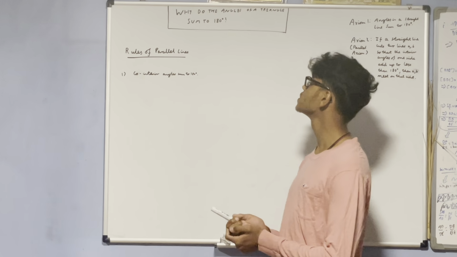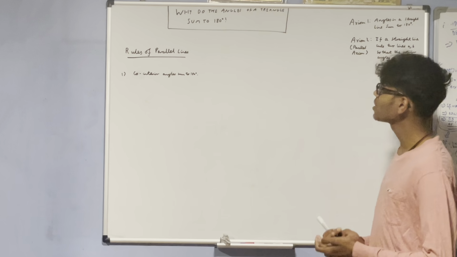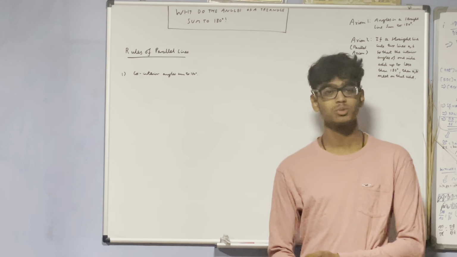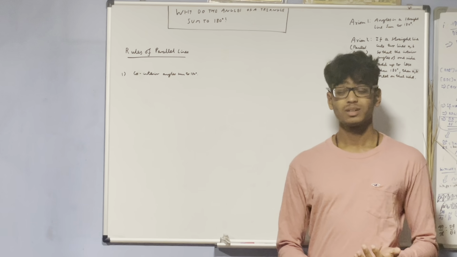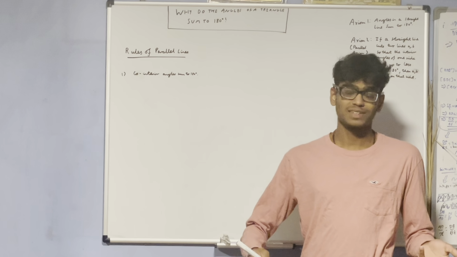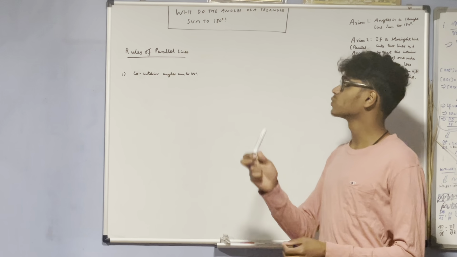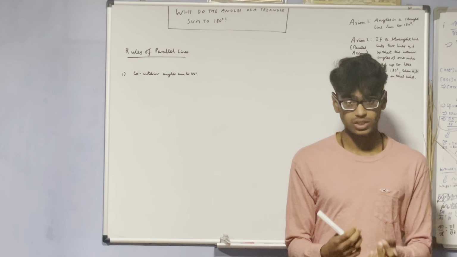And today I'm going to be looking at a rather simple question and an idea that I think lots of people just seem to accept, and indeed I probably did accept for quite a long time. It is, why do the angles of a triangle actually sum to 180 degrees?